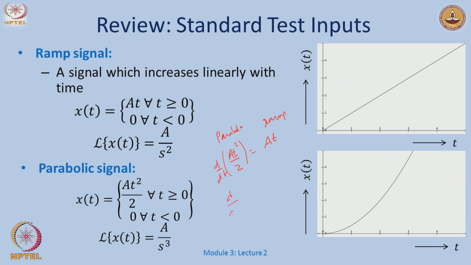Now, I differentiate a ramp and I get a step. Okay. Now, just keep this in mind for a while, that I differentiate a parabolic signal to get a ramp, I differentiate a ramp and I just end up with a step. This is a step of size a. Now, we will see, does the response also have certain behavior like this. We will just see if that is true or not.